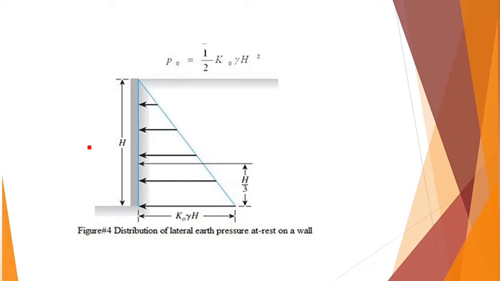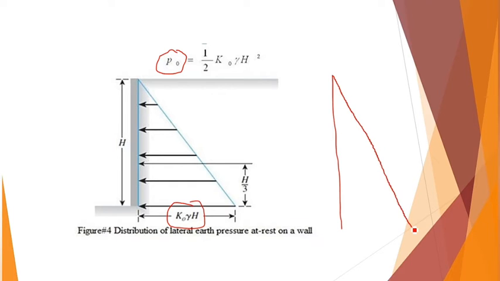The calculation of the earth force is very easy. This is the earth pressure and this is the earth force, lateral earth pressure and lateral earth force. If there is a retaining wall of height h meters, the earth pressure will increase as we travel below due to the effective stress principle, which you have already studied in Geotech 1.